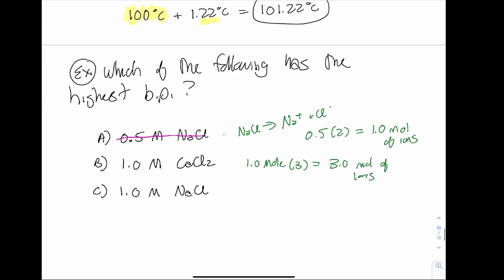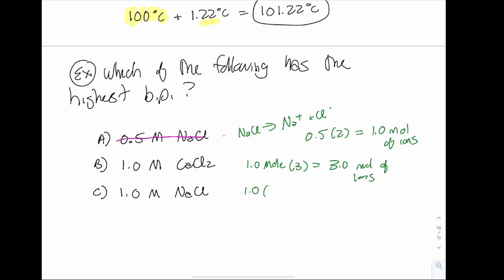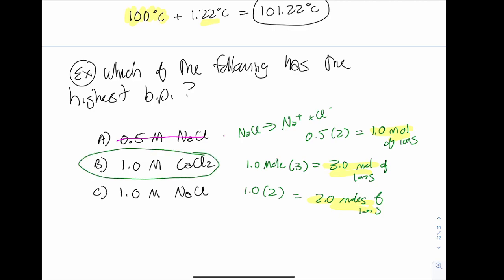Sodium chloride dissociating into 2 particles, so I'm going to multiply it by 2 moles of ions. So then these are the numbers I'm going to compare. So 1 mole, 3 moles, 2 moles. The more moles I have, the more pronounced the effect. So B is going to be my choice.